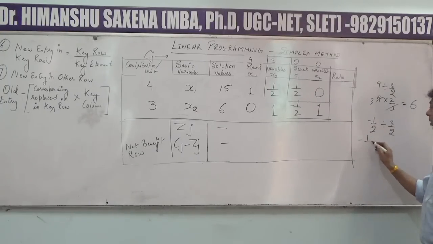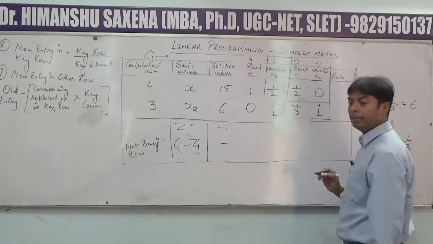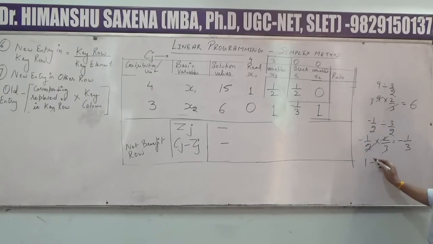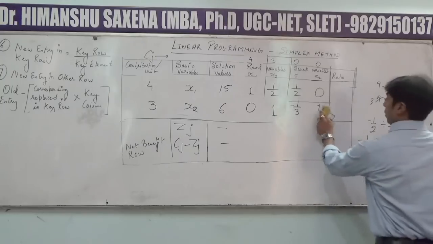Now see, 3 by 2 will get reciprocal, 2 will be cancelled by 2, you will have minus 1 by 3. So the next value will be equal to minus 1 by 3, and 1 divided by 3 by 2, again this will get reciprocal and the resultant will be equal to 2 by 3.